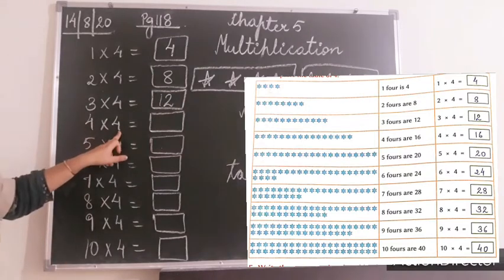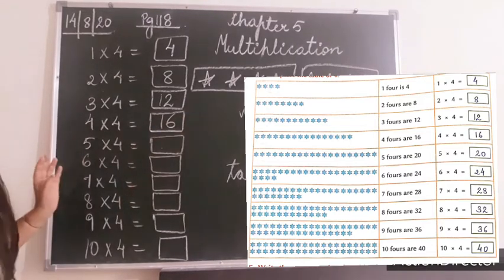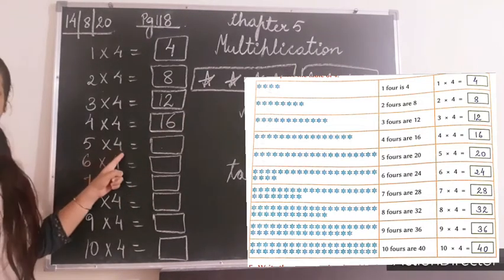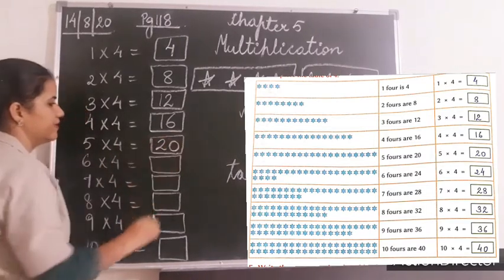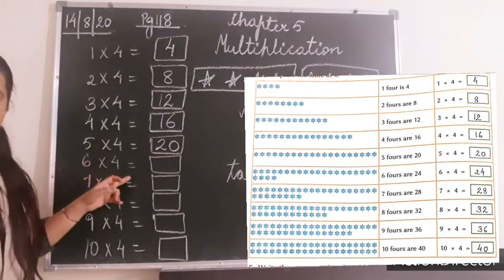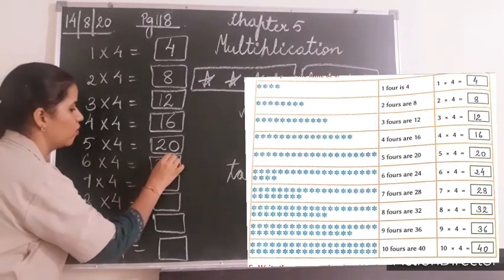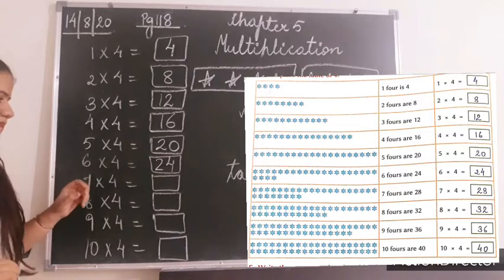Then 4 times 4, 4 4s are 16. Clear? Yes. Then 5 times 4 or 4 5s are 20. Okay. Then 6 times 4 or 4 6s are 24. Clear?